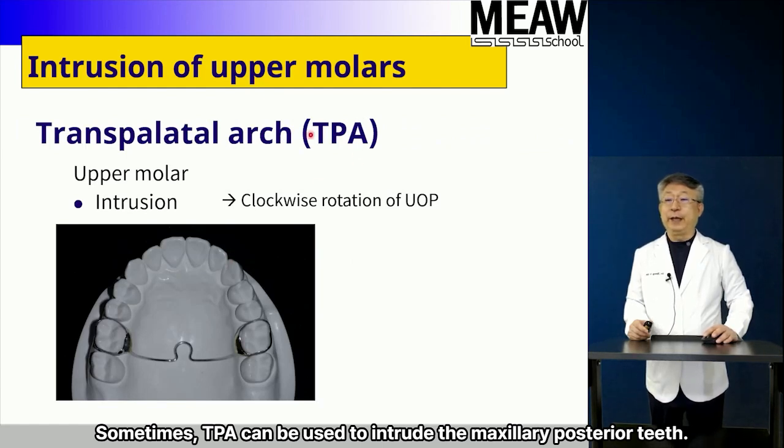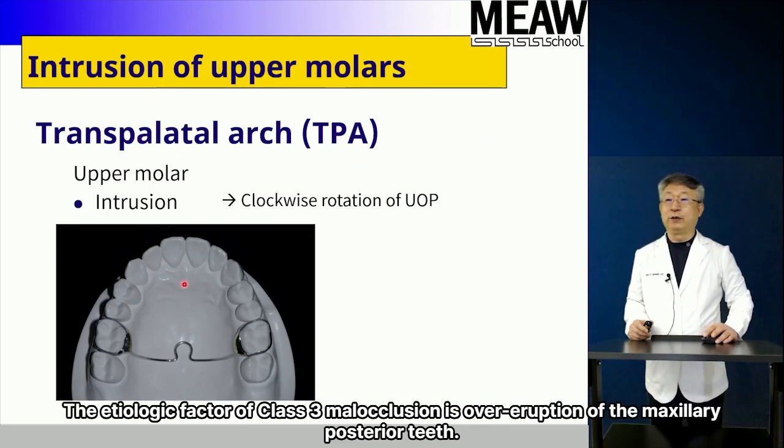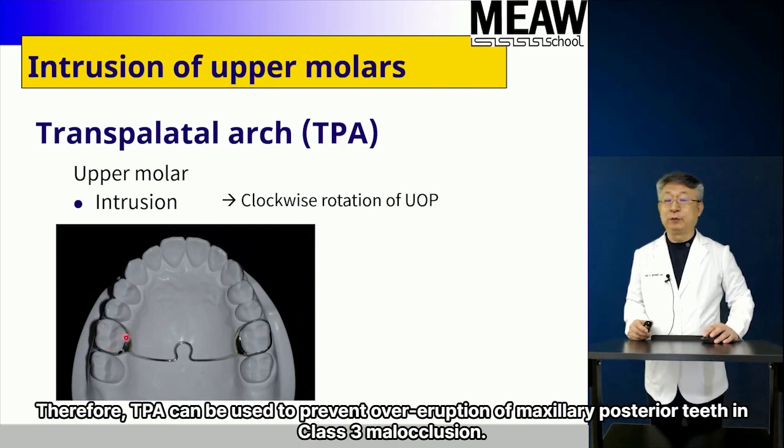Sometimes, TPA can be used to intrude the maxillary posterior teeth. The etiologic factor of class 3 malocclusion is overeruption of the maxillary posterior teeth. Therefore, TPA can be used to prevent overeruption of maxillary posterior teeth in class 3 malocclusion.